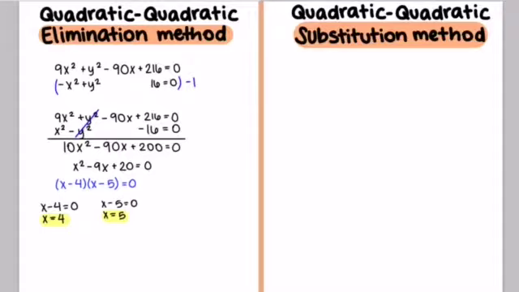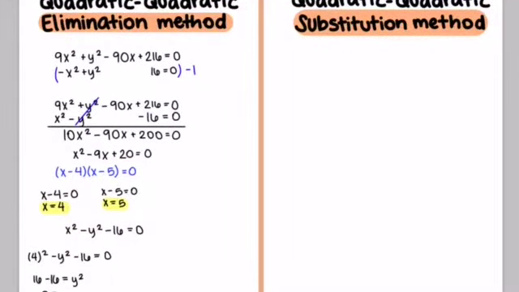Let's not forget that we need to substitute those x values into the first equations, which means 4 squared minus y squared minus 16 equals 0. We pass the numbers to one side and the letters to the other. 16 minus 16, 0, equals y squared, which gives y equals 0 because the square root of 0 is still 0.